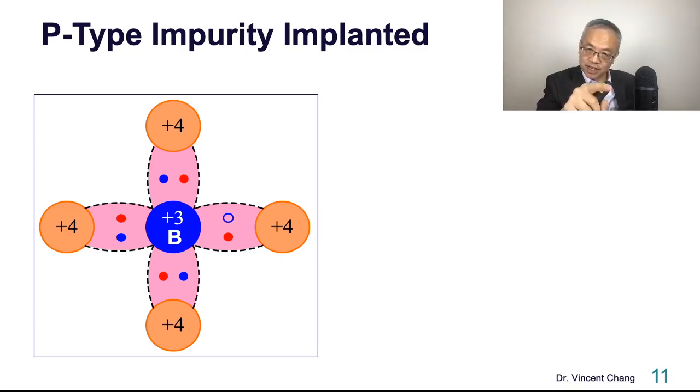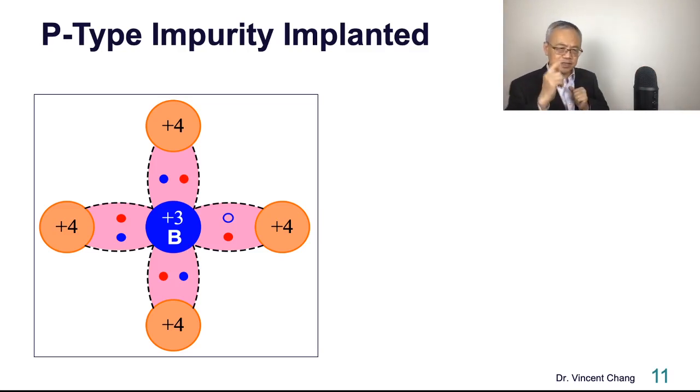So now the p-type impurity is implanted, right? And then this is 7. If you ever learned chemistry, what state is most stable, most secure? 8, right?